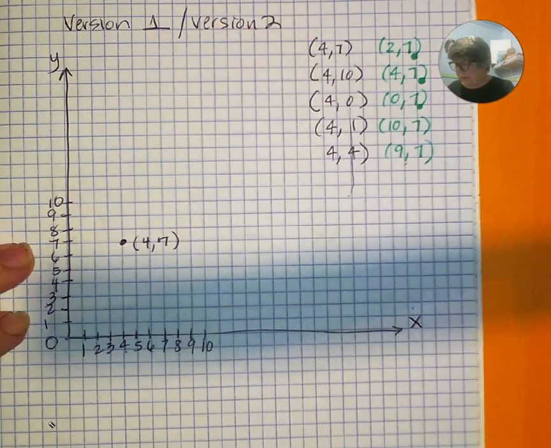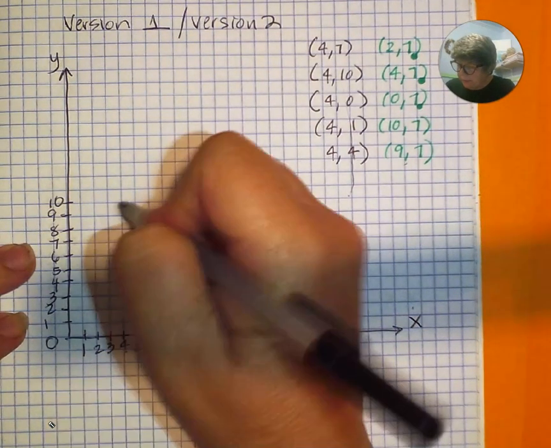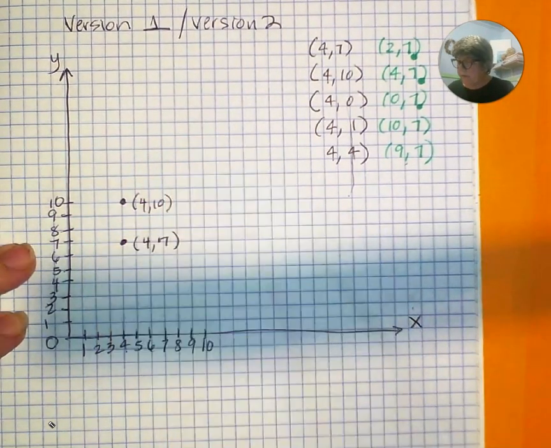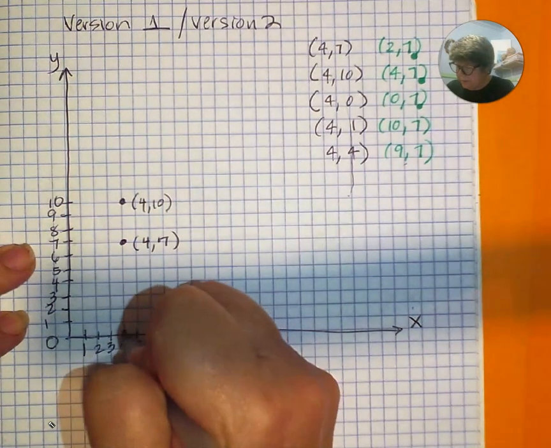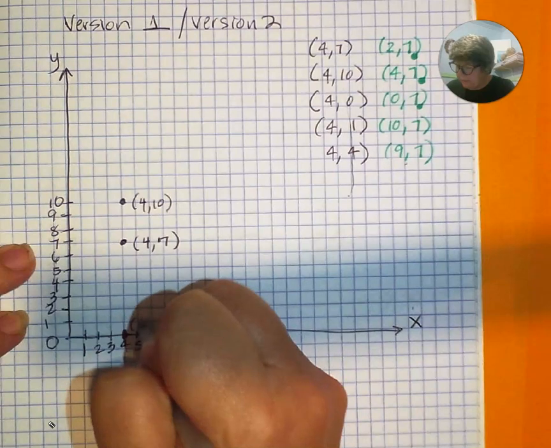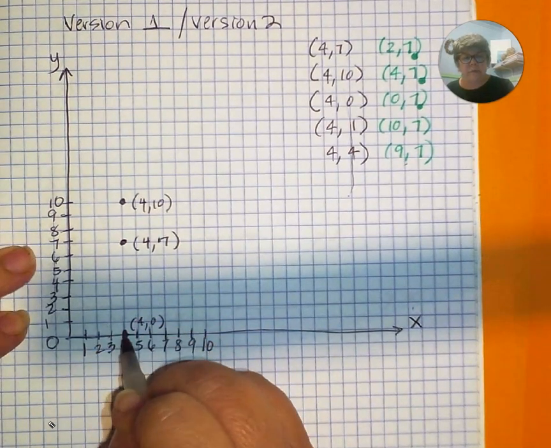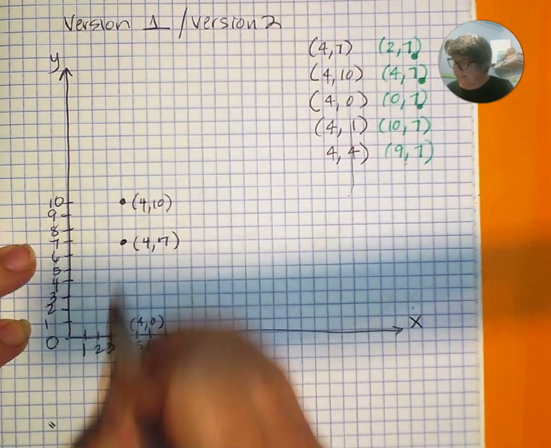Okay. And then 4, 10, across 4 again. And now we're going up to 10. 4, 10. 4, 0. 4, 0, not going anywhere, right? Just staying down here. Kind of think of it as an elevator. 4 would be at 4, but I'm not going up any floors. I'm staying at 0.